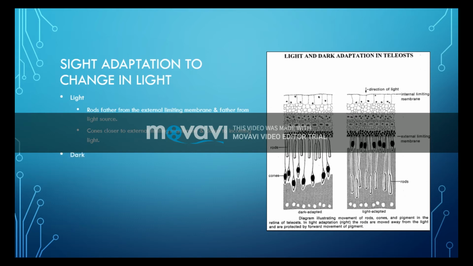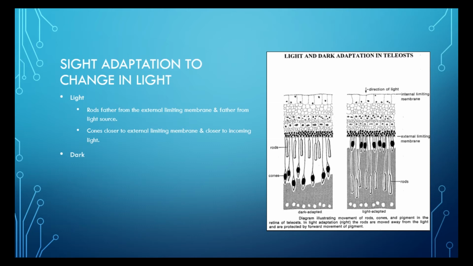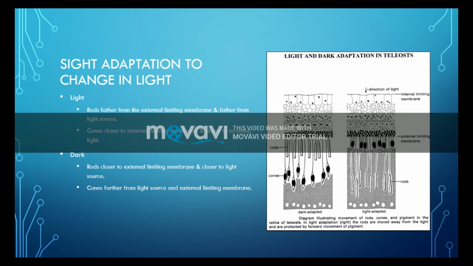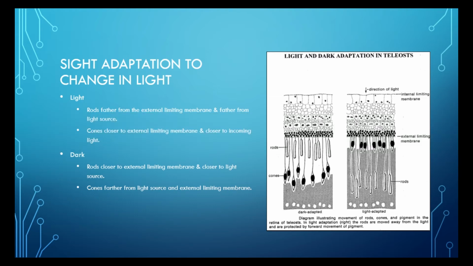When dark adapted, the rods are closer to the external limiting membrane and closer to the light source, and the cones are farther from the light source and external limiting membrane. This allows the available downwelling light to penetrate the eye when there is little to no light at all.